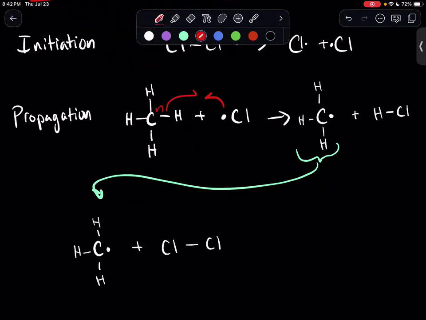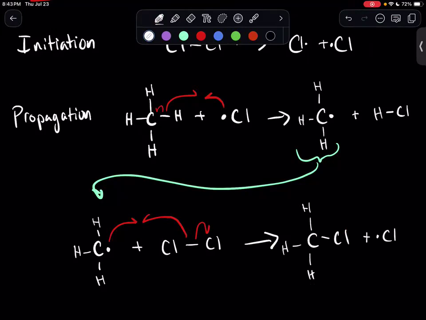And now once again, this is going to react with an electron in the bond, and the other electron will move to the chlorine. Thus we have chloromethane plus another chlorine radical, which can cause the same sort of chaos.